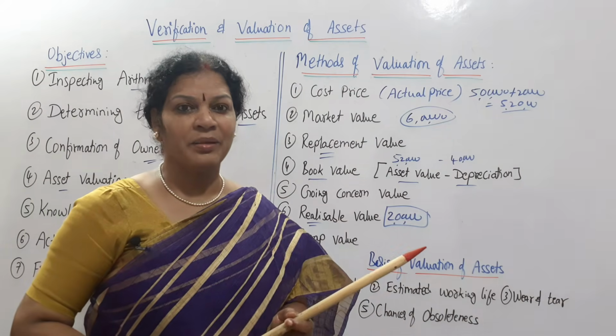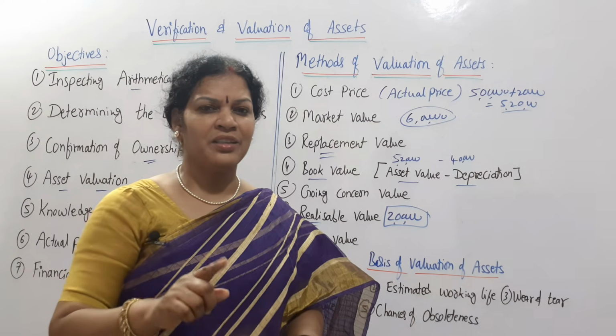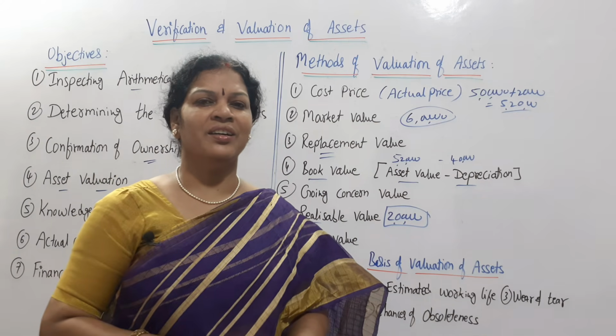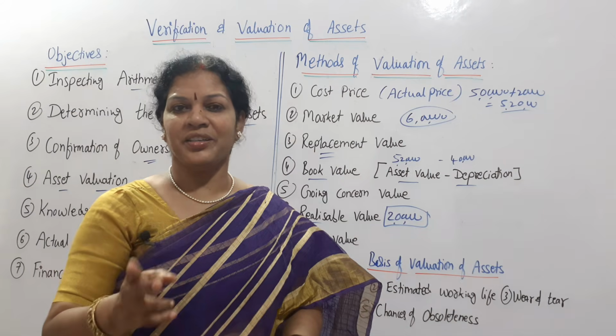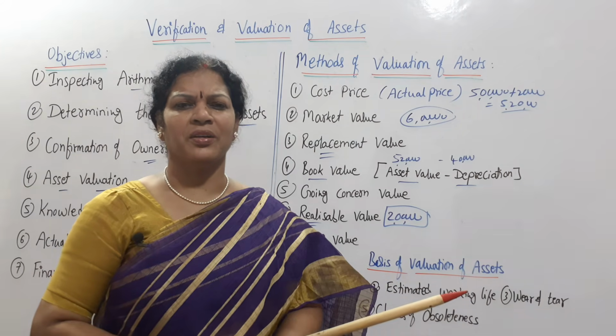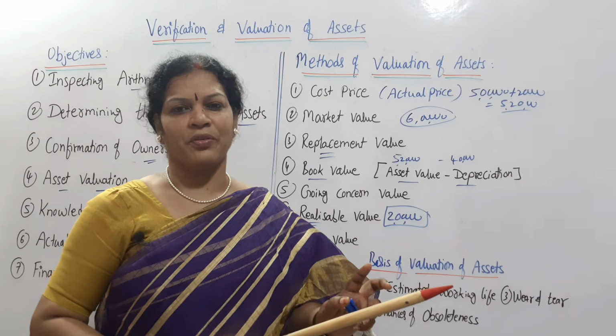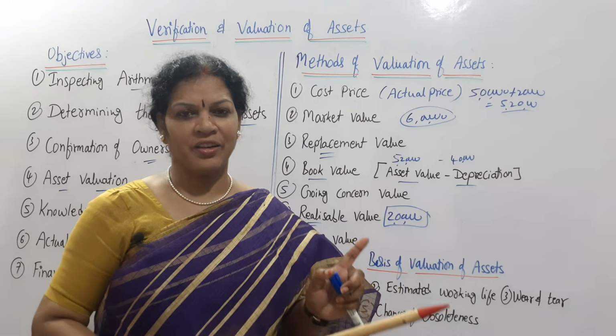Later they should not claim that they followed this method or that method, because that is to confuse the auditor. For that purpose they may be doing lots of dramas. So he has to be very careful, confirm which method the company is following, and follow it.